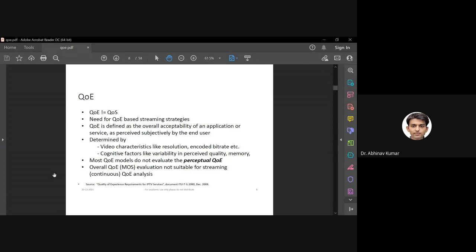And we can also look at overall QoE. There are works which say, okay, if I transfer this video in this particular setup on this kind of network in this particular resolution and encoded bitrate, you rate it at the end. Like for example, when you rate Netflix videos, at the end you give it a rating 1 to 5. That's an overall QoE, where you're essentially giving your subjective evaluation of the video. It can be a function of what the content was.